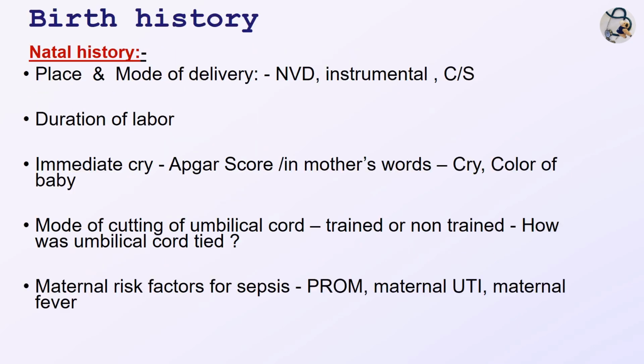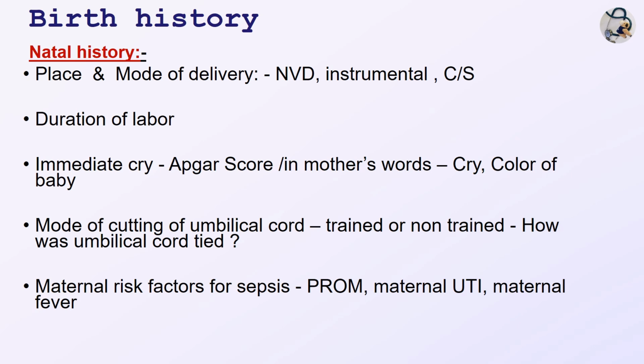Then birth history, during the natal history: place and mode of delivery, whether it was a normal vaginal delivery, instrumental or cesarean section. Duration of labor is important. Immediate cry, by Apgar score or in mother's words like cry, color of the baby.